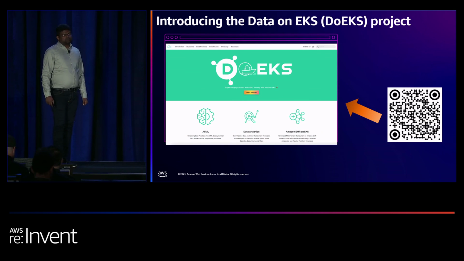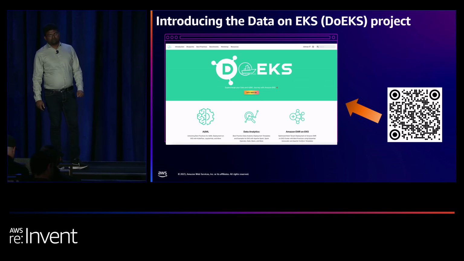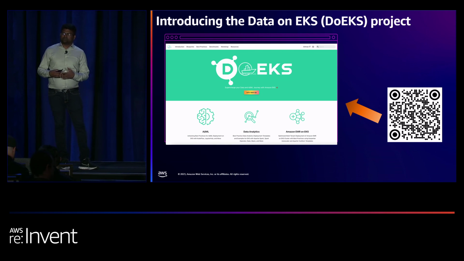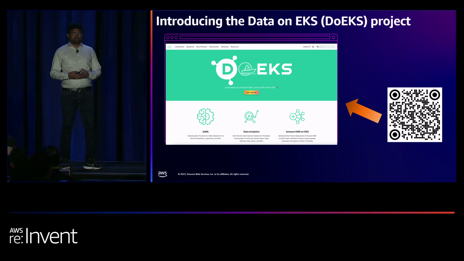So that's one of the stacks that we have put out for machine learning. But late last year, we started to see a lot of our customers wanting to adopt EKS for their data workloads, especially across data analytics, data streaming, as well as the AI/ML that we have spoken about today.